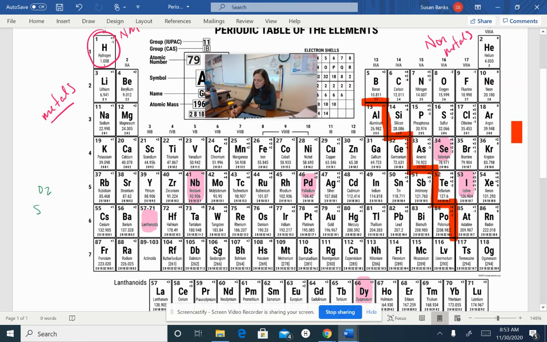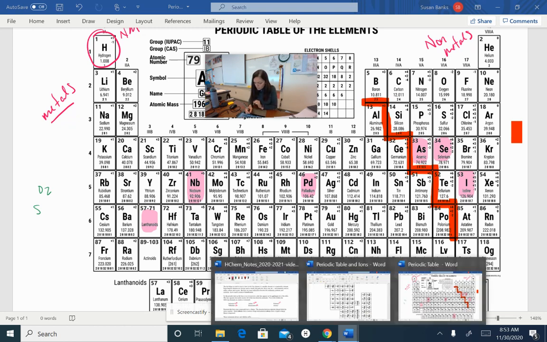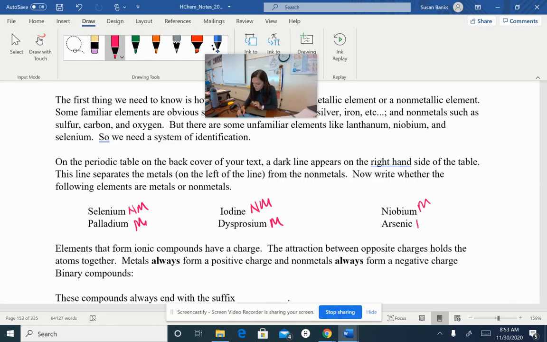Arsenic is actually a metalloid, but because it is on the right side of that line, for naming purposes, we consider it a non-metal. But do remember, technically, it's a metalloid. Okay? But for naming, we will call it a non-metal.